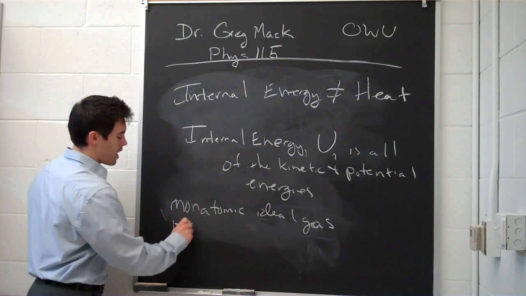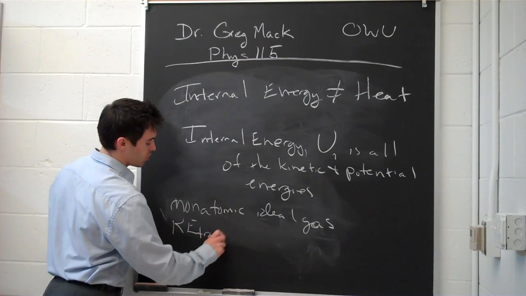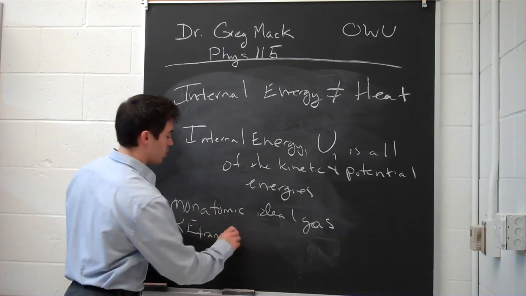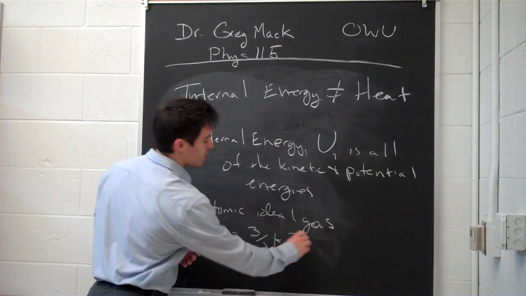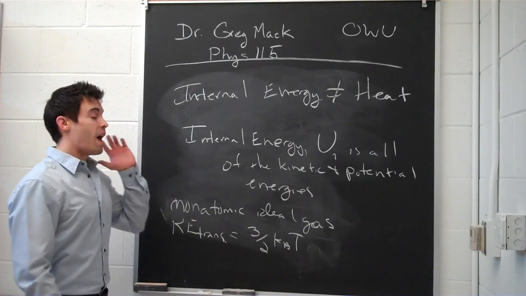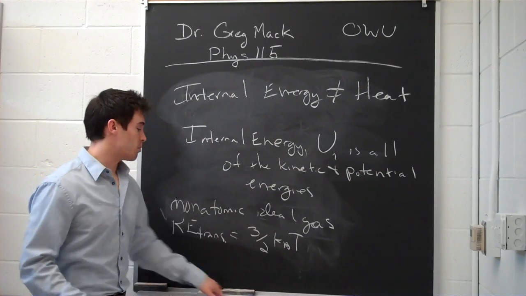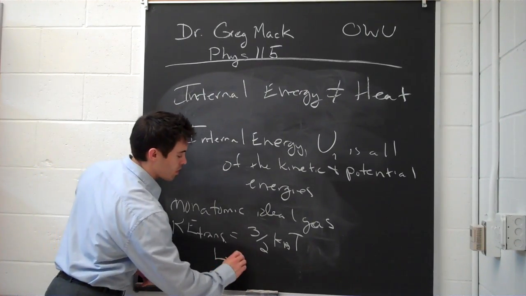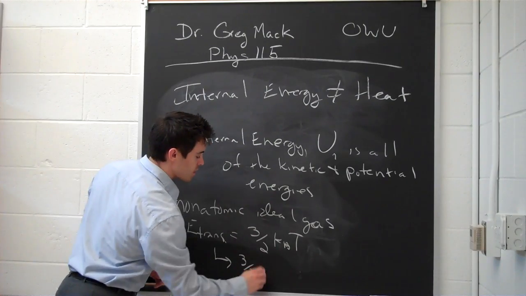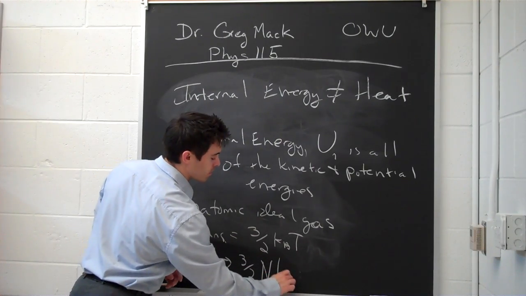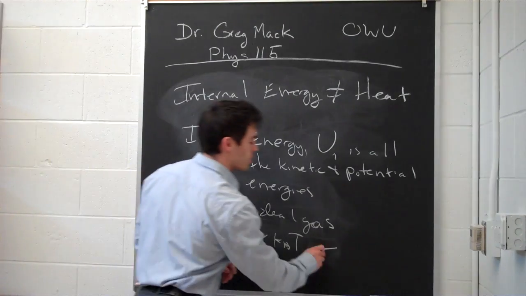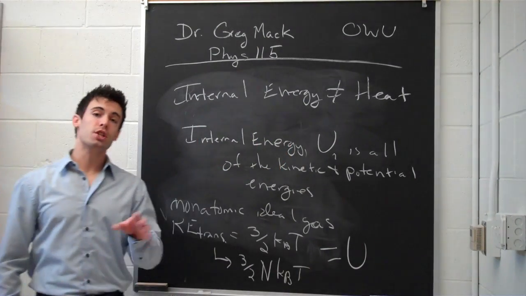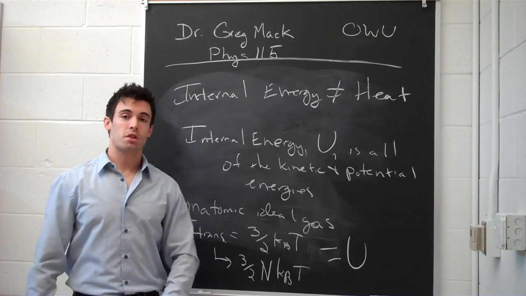So the translational KE for one particle would be equal to 3/2 k_B T. For N particles, for the entire system, that would be 3/2 capital N k_B T. And so this kinetic energy will be equal to the internal energy because that's all the kinetic energy there is.